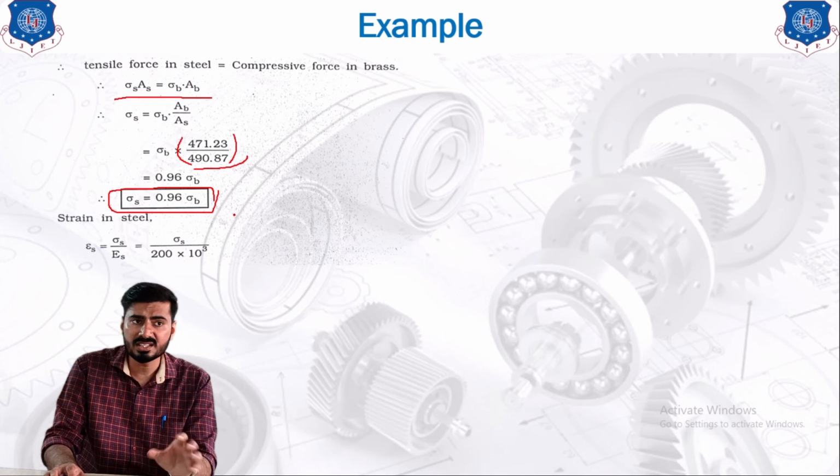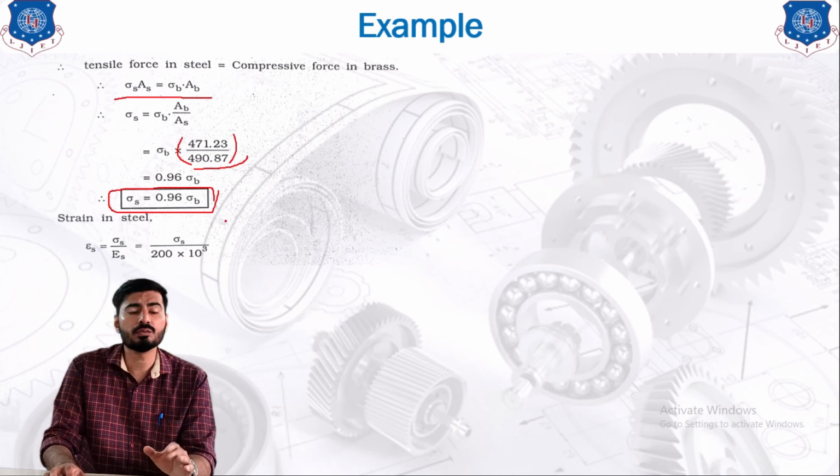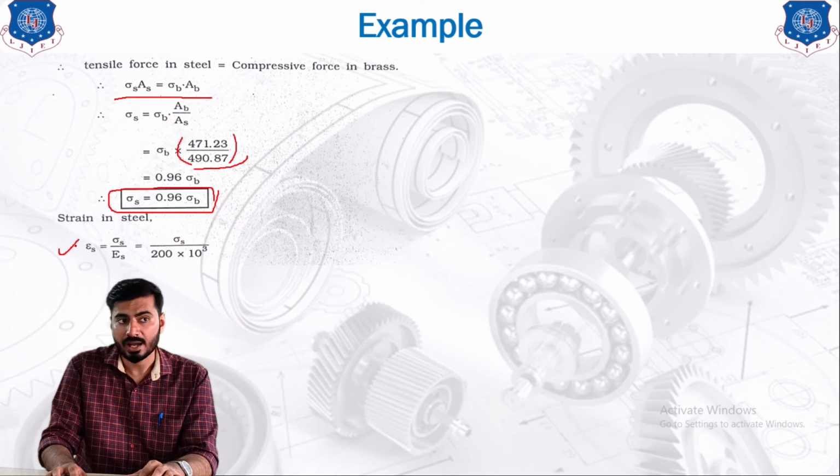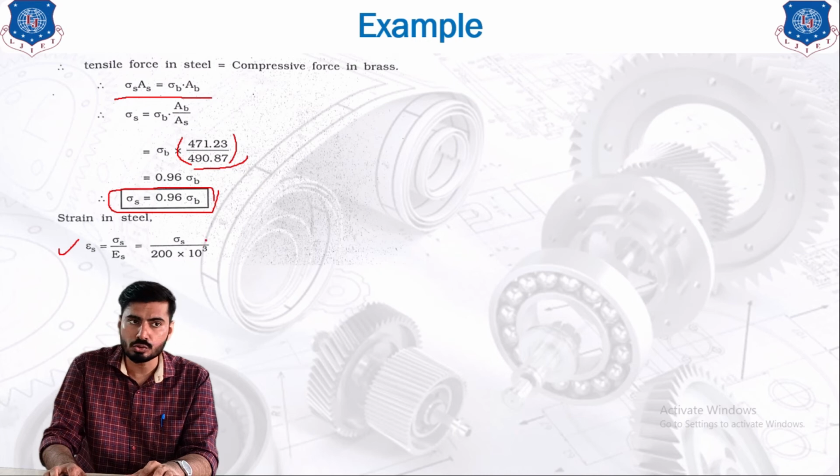If we simplify those areas, then we will get the relation between sigma S and sigma B. Now we are going to leave this equation as it is and move forward to step number 2. For step number 2, we need to calculate epsilon S and epsilon B first. Epsilon S is calculated by sigma S upon E_S.